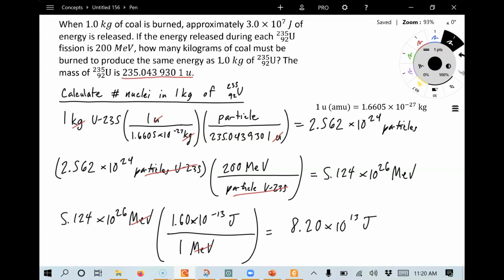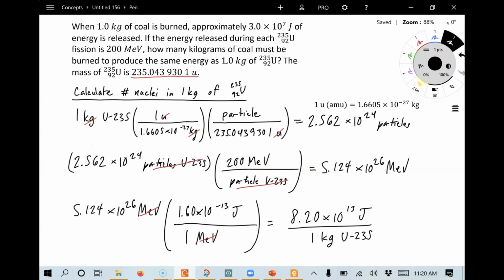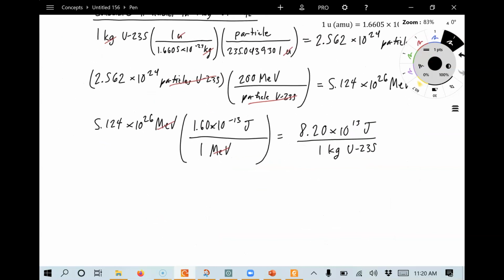And again, remember that this is per 1 kilogram of U-235. Now, how much coal are we going to need to burn to generate that same amount of energy? Well, we know that 1 kilogram of coal produces 3 times 10 to the 7th joules. So we can take this energy number here.